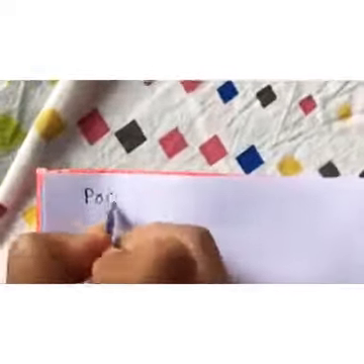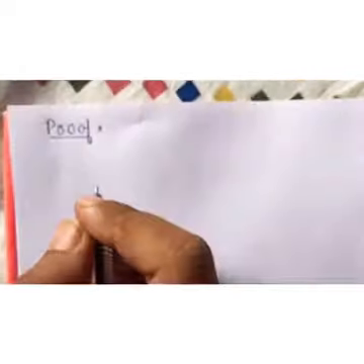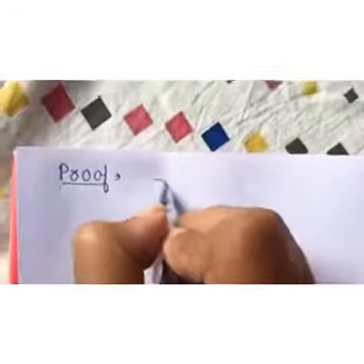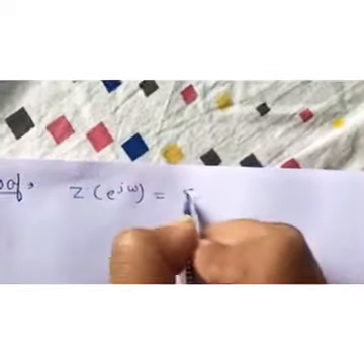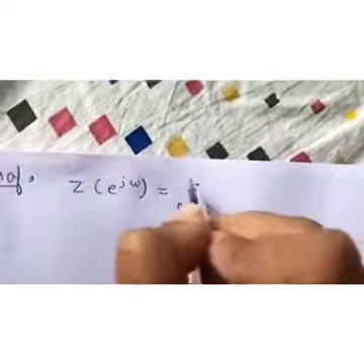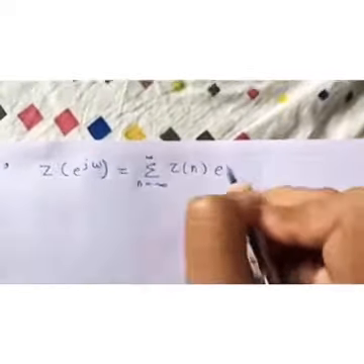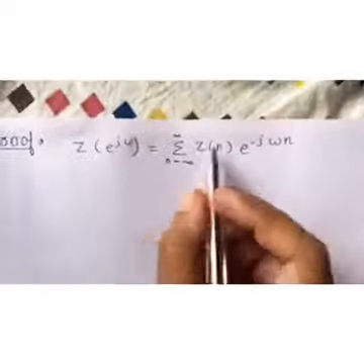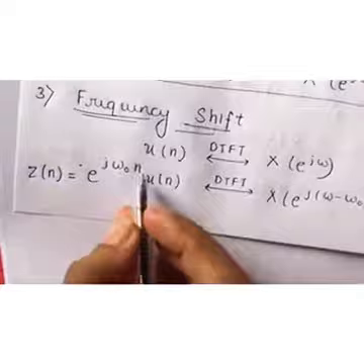Proof. We know Z of e^j omega is summation n equals minus infinity to infinity z of n e raised to power minus j omega n. Here we let z of n be e^j omega naught n times x of n.